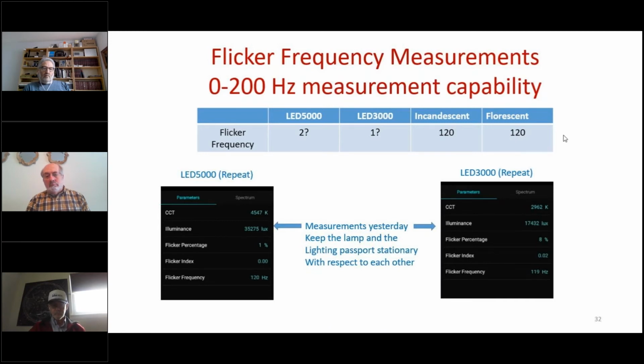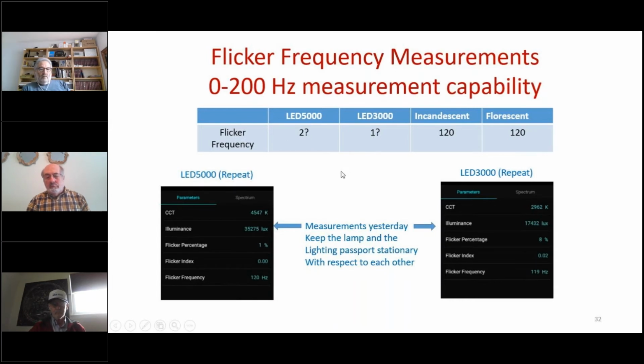That's the rate at which you see the light fluctuating. For the 5000 also, I got 1% flicker percentage, flicker index 0, and flicker frequency 120. So these are correct, and these two are wrong from last time's measurements, from the January 12 measurement.